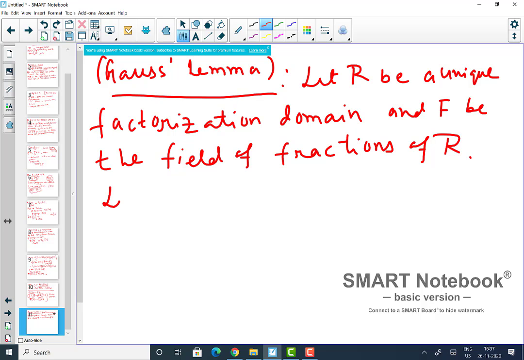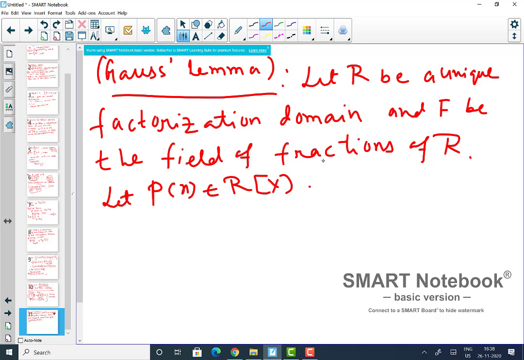And let you have a polynomial, say P(x), in the polynomial ring R[x] over R. So the Gauss Lemma tells you that there is a relationship between the factorization of these two polynomial rings. One is the polynomial ring over R, and another is the polynomial ring over F. What is the relationship?